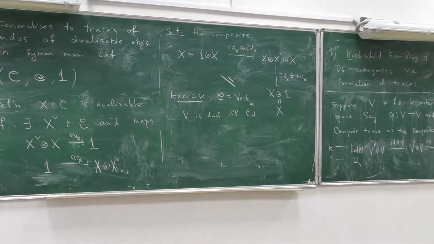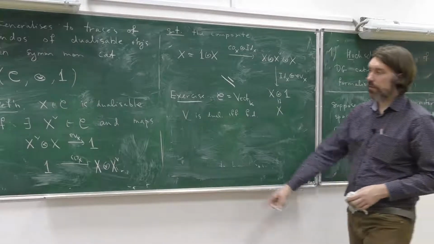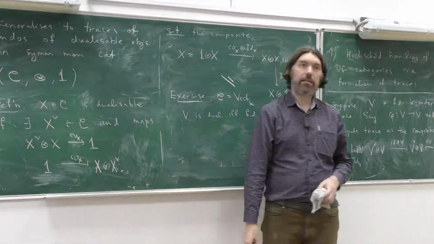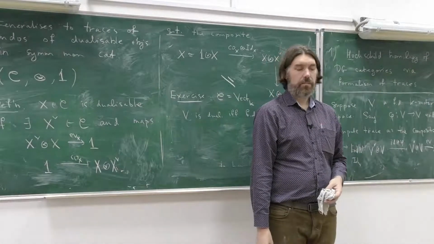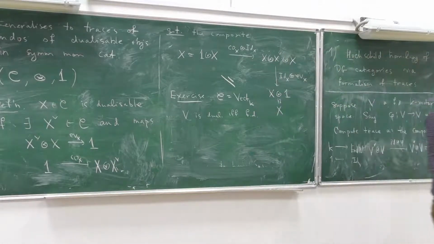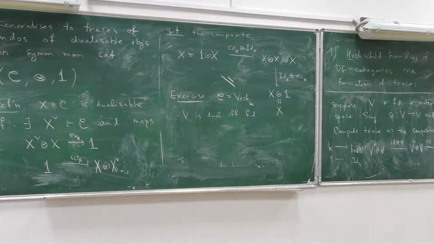Does it follow from this axiom that the dual is the internal hom to 1? Yes and no. Do we need another axiom? Yeah, you need more, because in general, the way I said it, there might not be an internal hom. But if you have an internal hom, then yes.